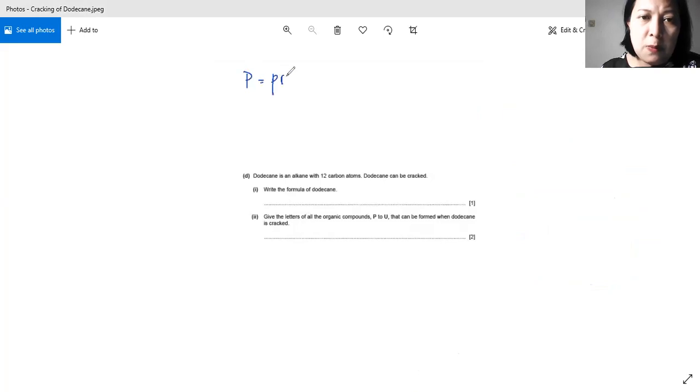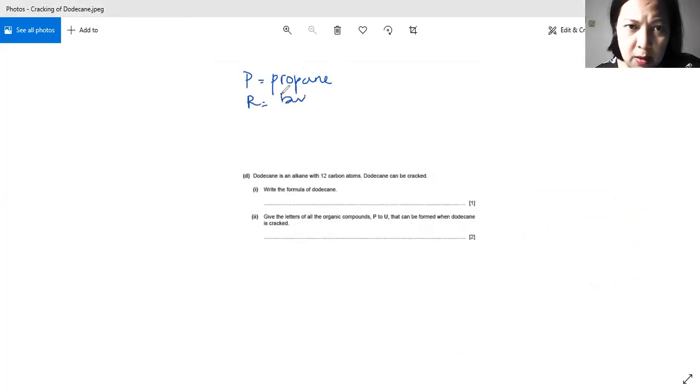P equals propane. And then R is but-1-yne. And then U is propene.